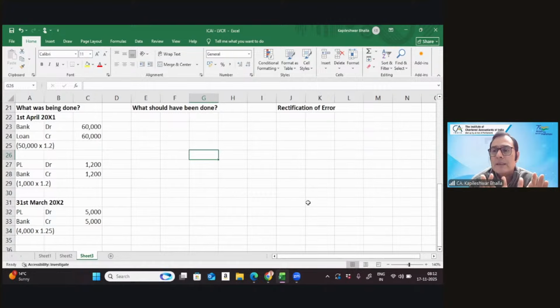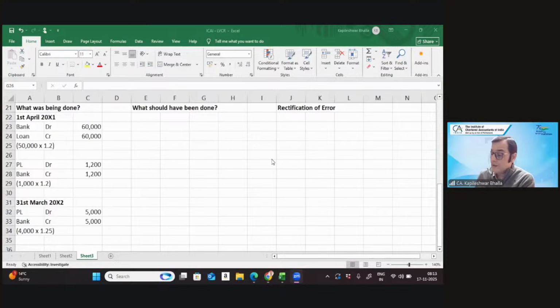Do the accounting first in the usual manner, ignoring the currency, and then you can simply convert it later. That's what I am going to do in this case as well. I'm going to first make my ledger completely on the basis of foreign currency, and then we can convert things at a later stage.